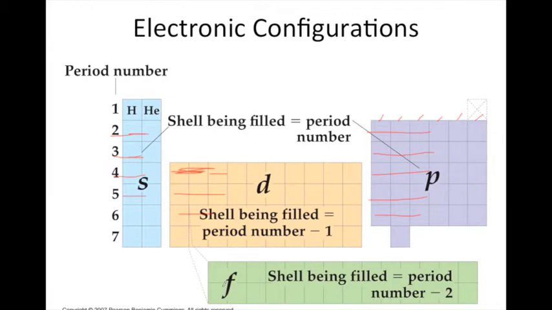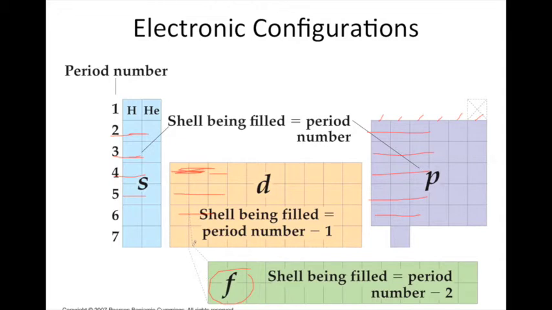And then here, for the lanthanides and actinides, the elements down here are having their f orbitals filled. They have enough electrons that they have to put them into f orbitals. The shell being filled here is the period number minus 2.